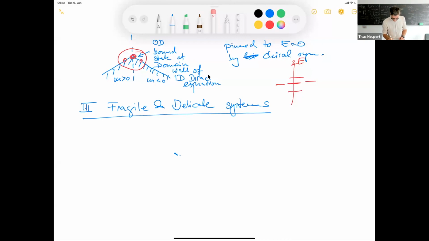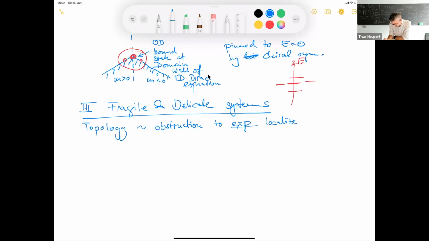So basically, the viewpoint here is that of Wannier functions. In this point of view, topology is defined as an obstruction to exponentially localize symmetric Wannier states.